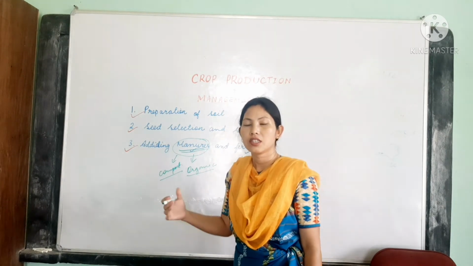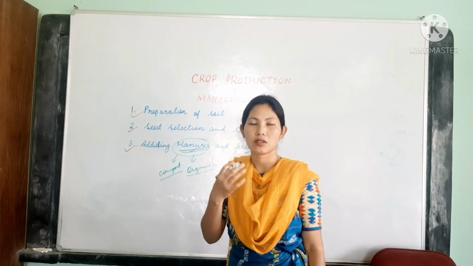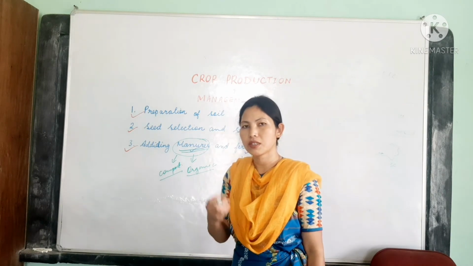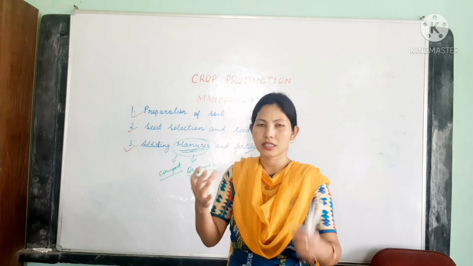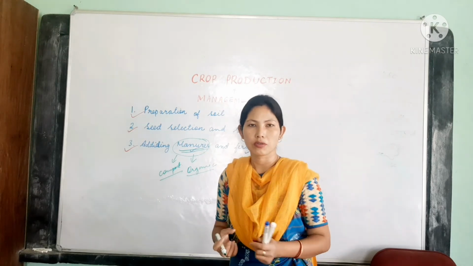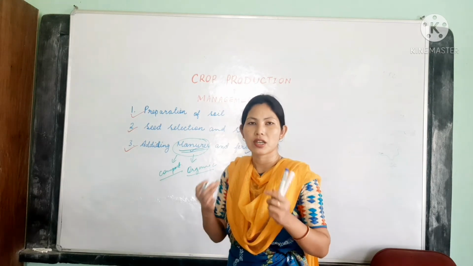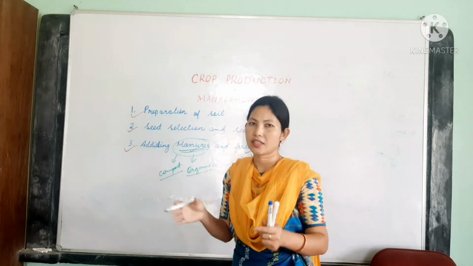Additionally, it helps in making the soil porous with good water holding capacity. That means the water retention capacity of the soil is enhanced, so it can absorb more water. It becomes porous and soft, so that the roots can penetrate and grow well.